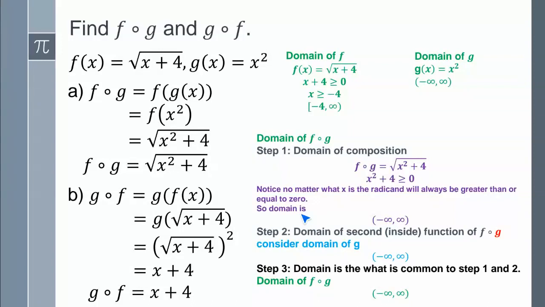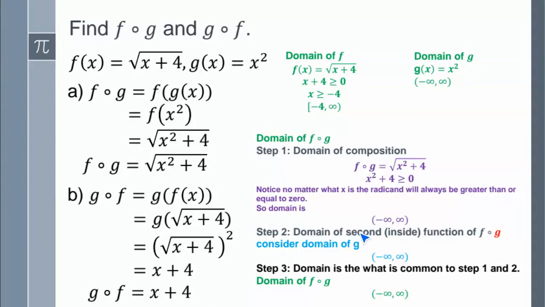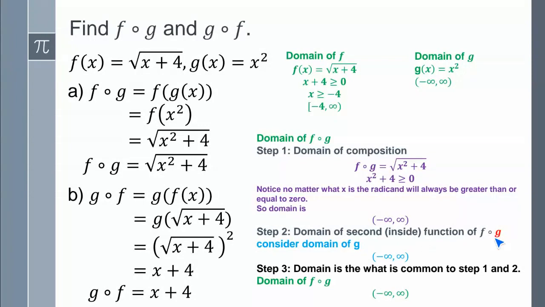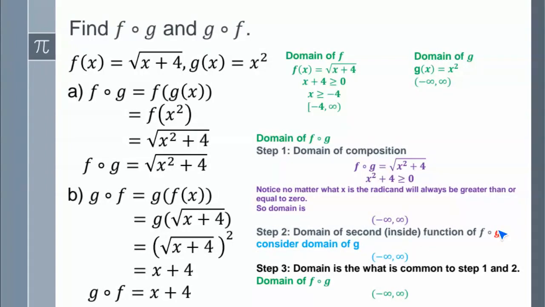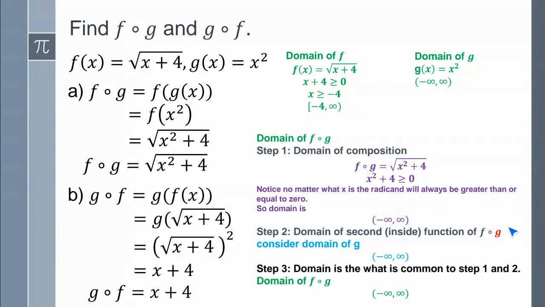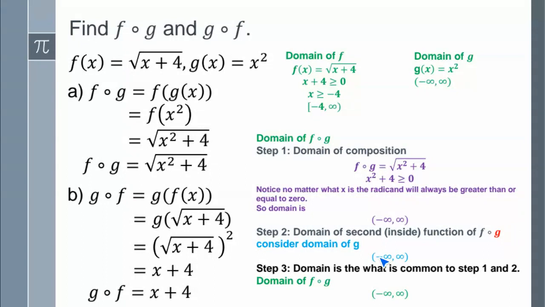Okay, so now we go to step 2. For step 2, you're going to take the domain of the second, or in other words, the inside function of f of g. So g here is my second function. So you want to take the domain of g, which we already did up here. So the domain of g was negative infinity to positive infinity.